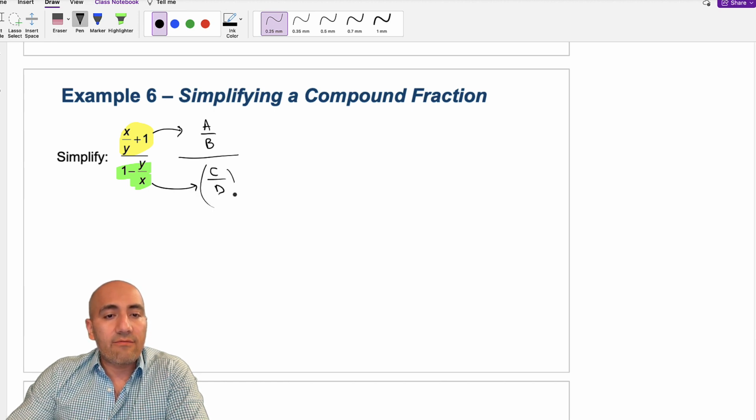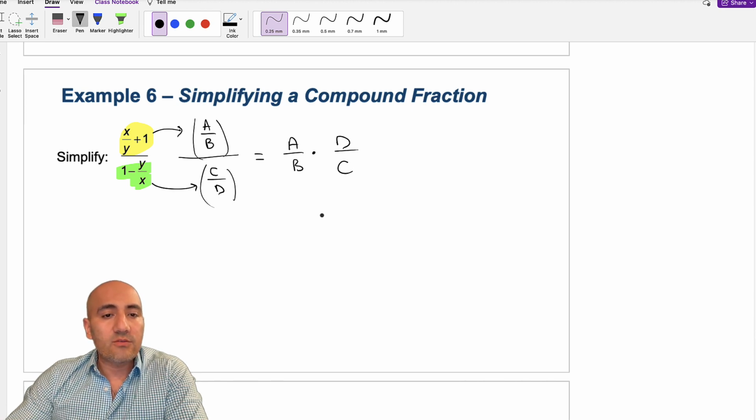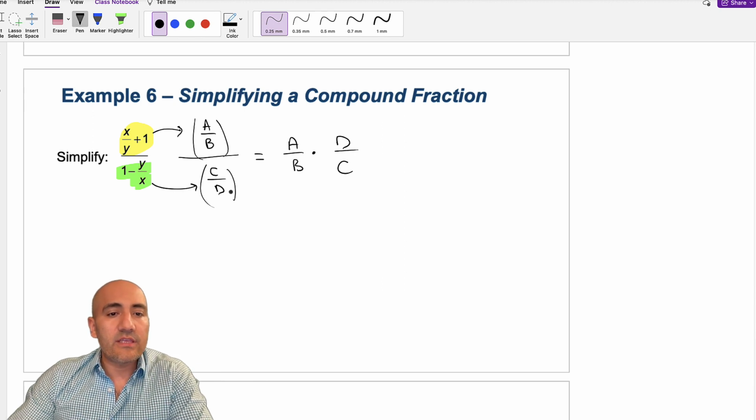And then we have one fraction divided by another fraction. So we can rewrite this as the first fraction times the reciprocal of the second fraction, which would be d over c. Okay, so that's our game plan. That's one game plan. And there's another option as well, but let's do it this way first.